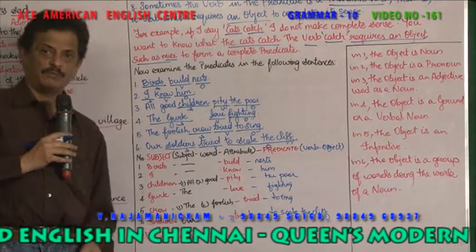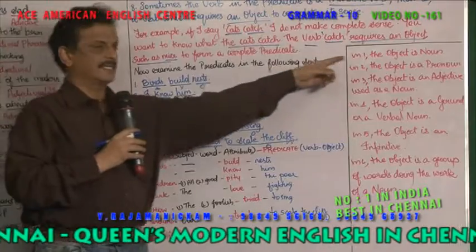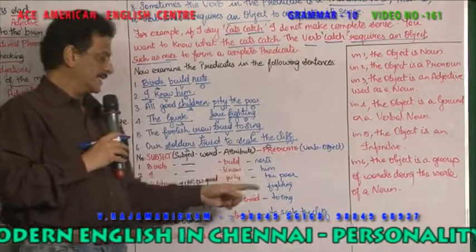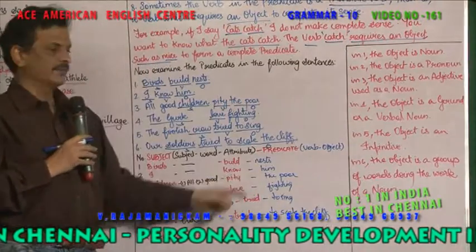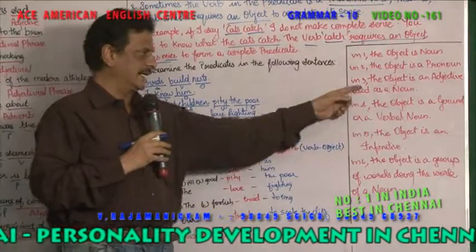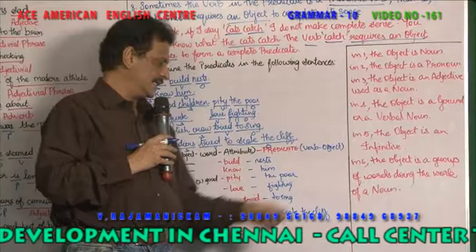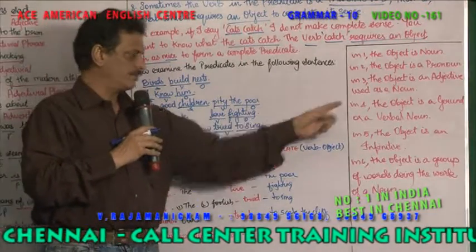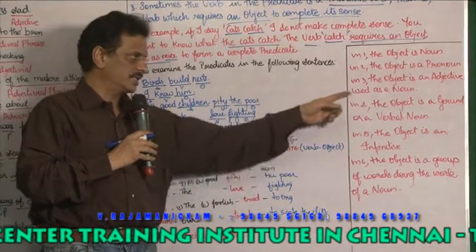to scale the cliff becomes the object. It will be noticed that in the first sentence, the object nests is a noun. In the second sentence, the object him is a pronoun. In the third sentence, the object the poor is an adjective used as a noun. Poor man, so poor is an adjective, but it is used as a noun.